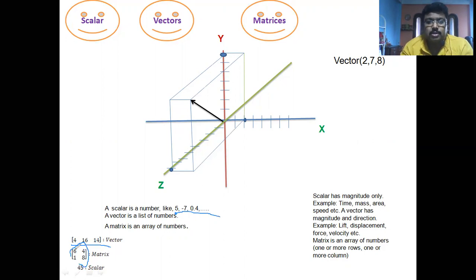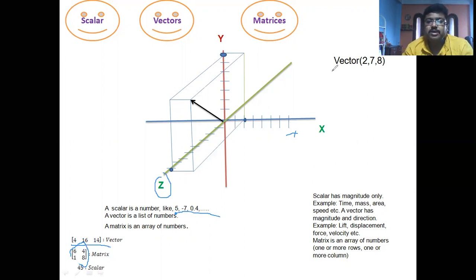Okay. So now look at this figure, where you can find three axes. One is the x-axis, another is the y-axis, and there is the z-axis.